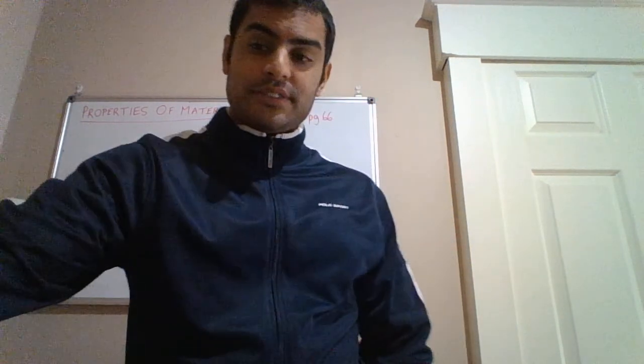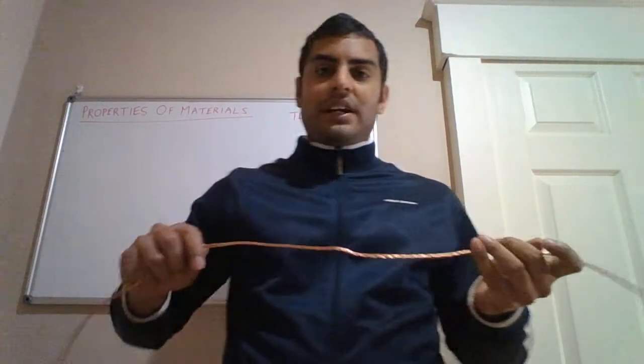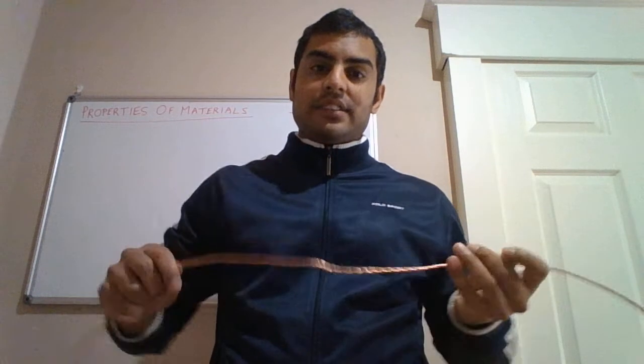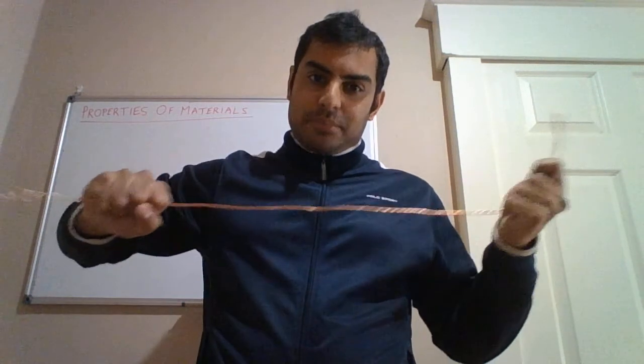So this box resists being crushed and is an example of compressive strength. This copper wire, even though it's easily bent, can resist being stretched and is an example of tensile strength.